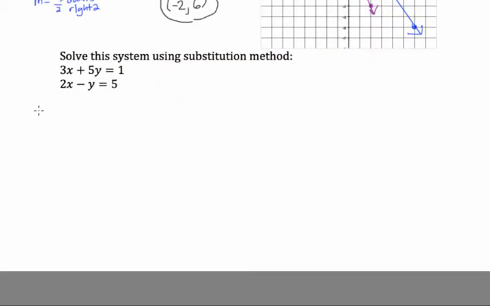Now we'll review the substitution method. First step in the substitution method is get an x equals or y equals equation. I'm going to use this equation, and since the coefficient of this y is 1, I'm going to solve for that y. Be careful of that negative that's there.